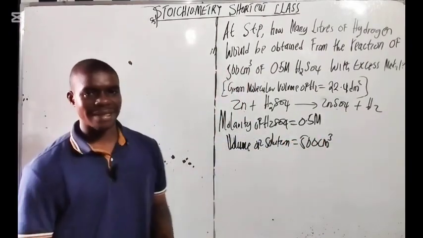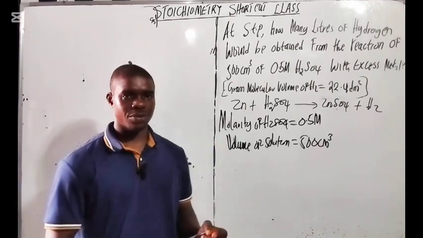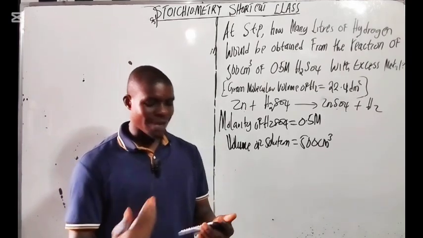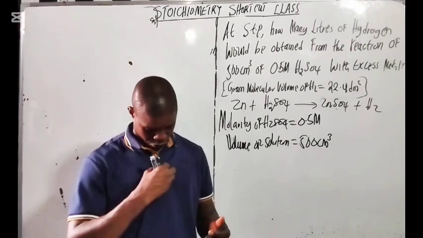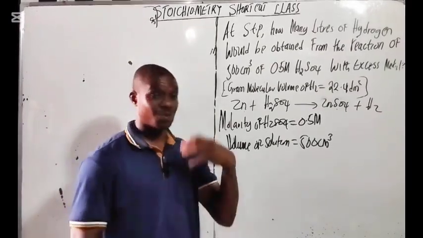Now when I have molarity and volume, the volume must be in dm³. So you are converting cm³ to dm³. Here we have 500 cm³, and you have to convert it to dm³.